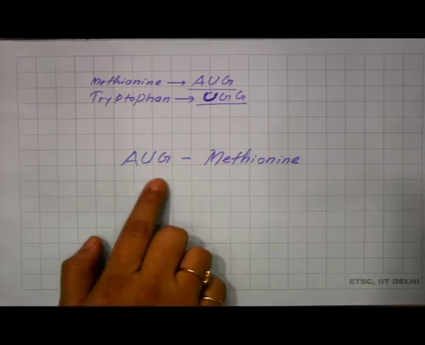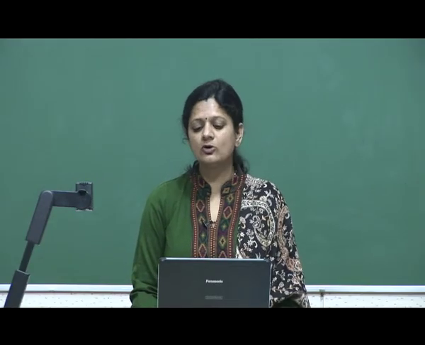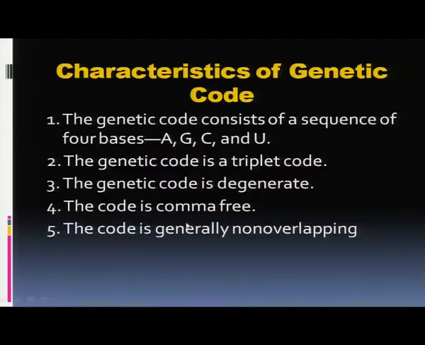Wherever AUG is there, it will always code for methionine, and this is what non-overlapping means. Non-overlapping means one triplet codon will code for one amino acid only.